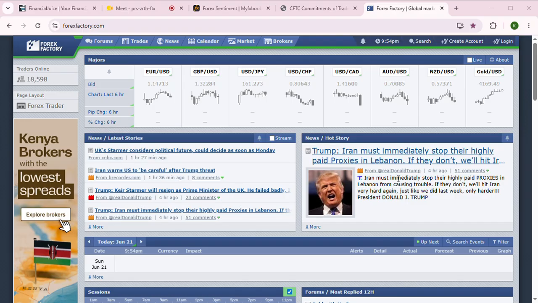The first news, from 4 hours ago, is that Trump says Iran must immediately stop their highly paid proxies in Lebanon from causing trouble. If they don't, we'll hit Iran very hard again, just like we did last week, only harder.